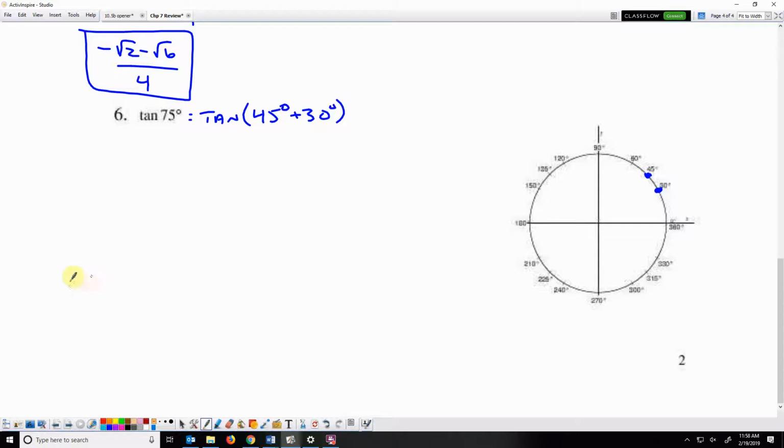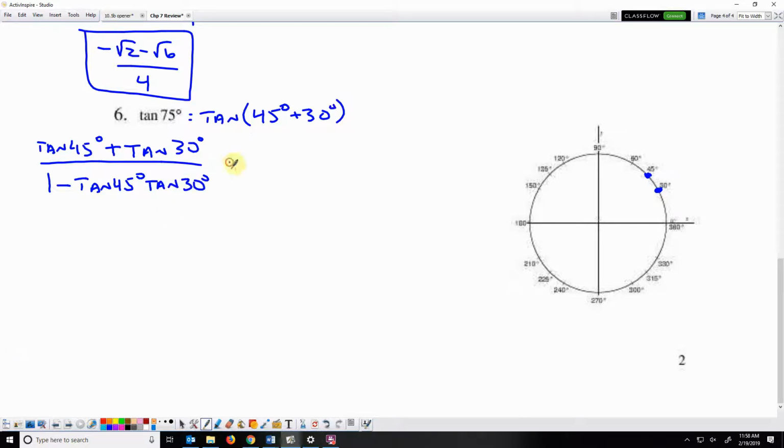The identity for tangent says we do tangent of 45 plus or minus, which means keep this sign, plus tangent 30 over 1 minus or plus, which means change this sign, tangent 45 times tangent 30.